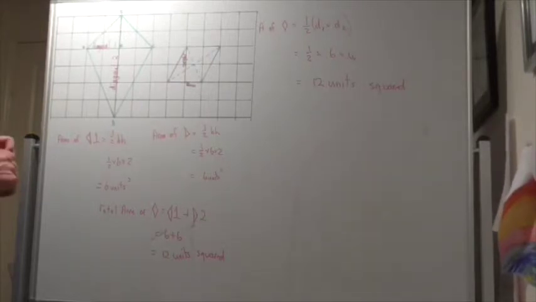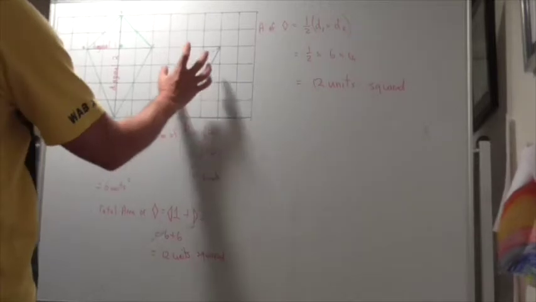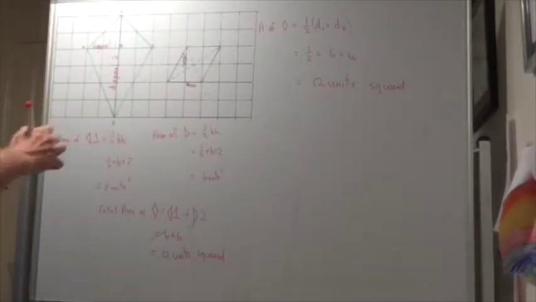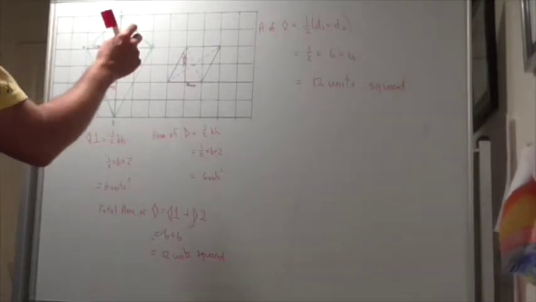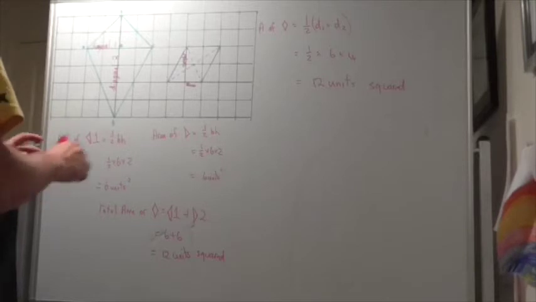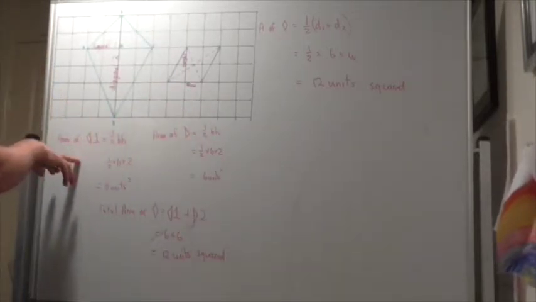So with a rhombus, that's what you can see. A rhombus is a parallelogram. We've already talked about parallelograms in previous videos. Now when the rhombus is a kite, you can apply the formula as we've done here.